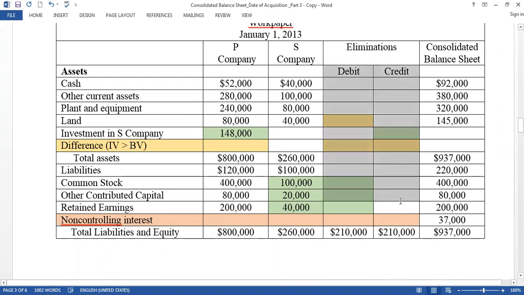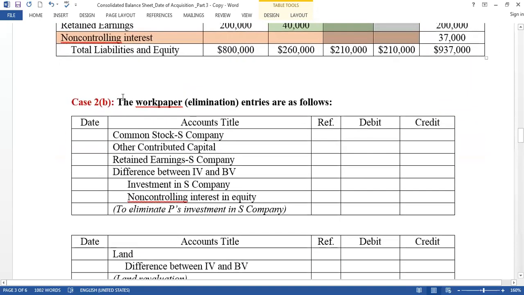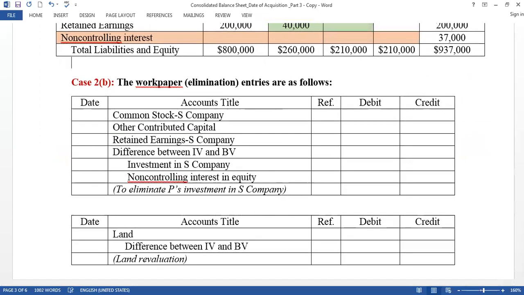We have debit and credit. If you do the journal entry first, it will help you to solve the question very easily and accurately. In the exam question, you also have the blanks. So how to fill these blanks? We have to do the journal entry first.